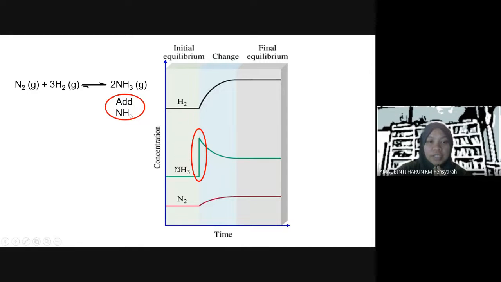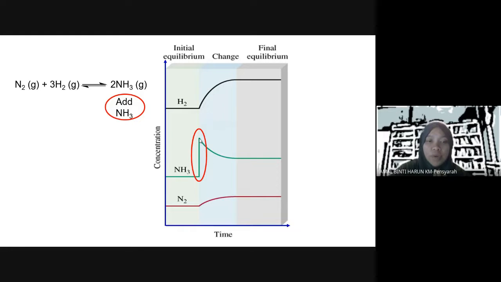Ammonia ni initial. Okay. At initial equilibrium, nitrogen, hydrogen, ammonia are at their equilibrium concentration. And suddenly, ammonia is added. So, the concentration of ammonia instantly increase. Okay, tiba-tiba tinggi. So, macam mana ammonia nak, kita nak kurangkan amount of ammonia untuk reach equilibrium.